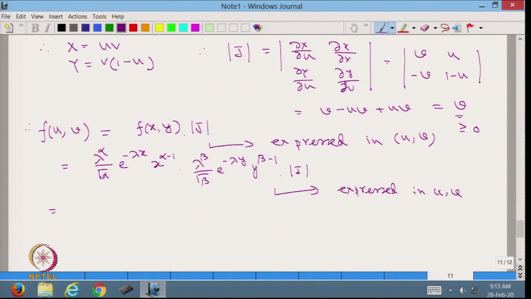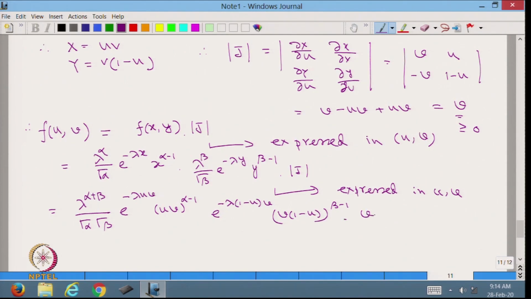This is equal to lambda power alpha plus beta upon gamma alpha gamma beta e to the power minus lambda u v, into v to the power alpha minus 1, e to the power minus lambda 1 minus u into v, into v into 1 minus u whole to the power beta minus 1, into v.